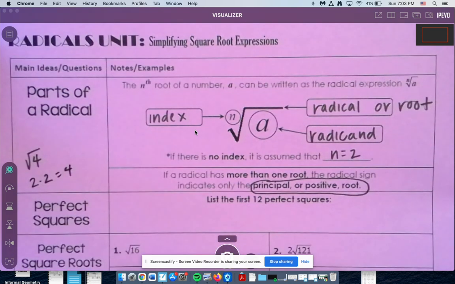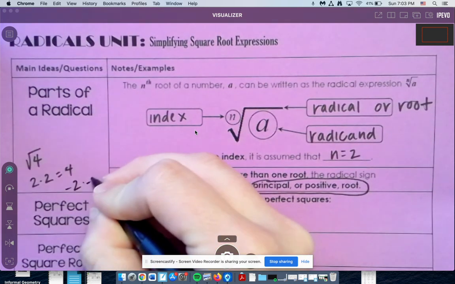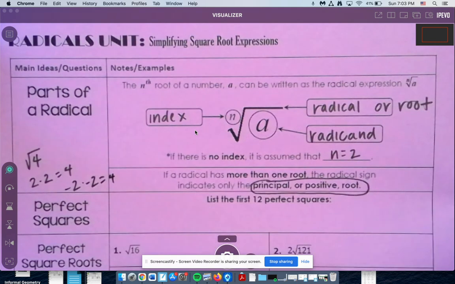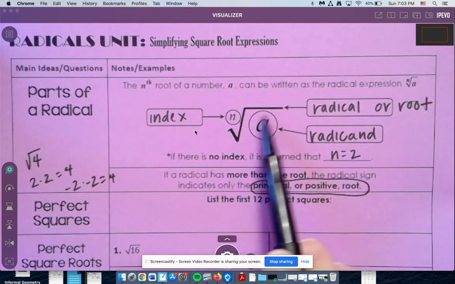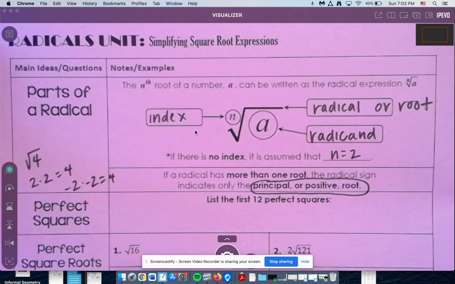However, you could have a negative 2 times a negative 2, which is also 4. So really the answer to that question is 2 or negative 2. But for this unit, it's safe to say, unless there's a negative out in front, you just take the positive root, okay? That's what that means. So if there's more than one root, just take the positive one.